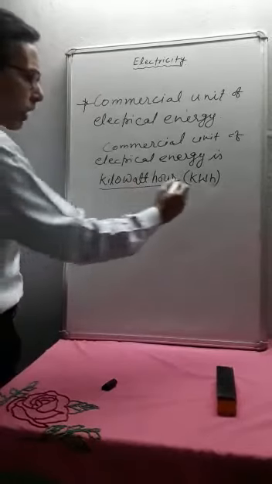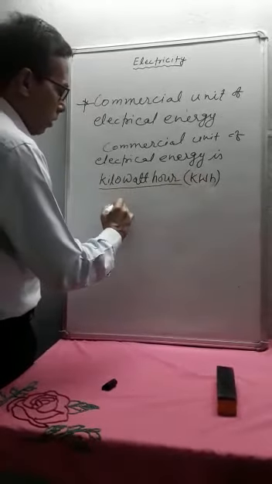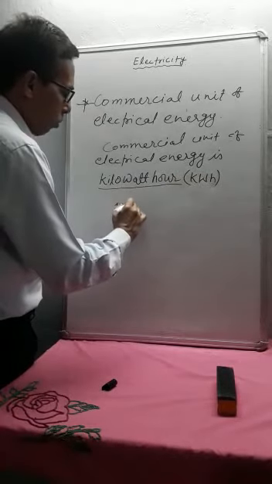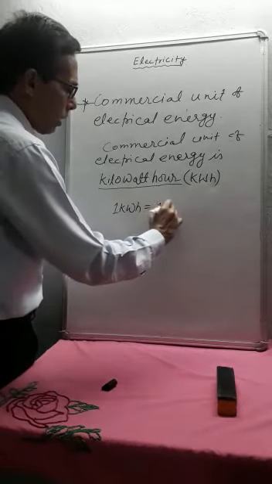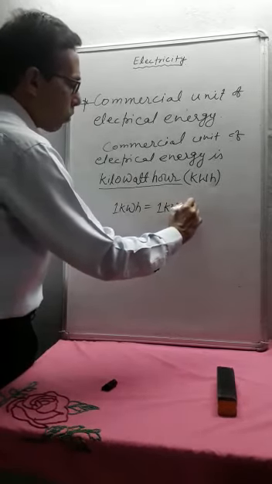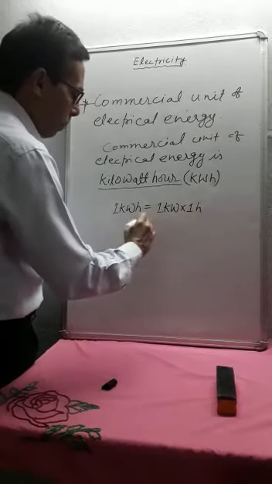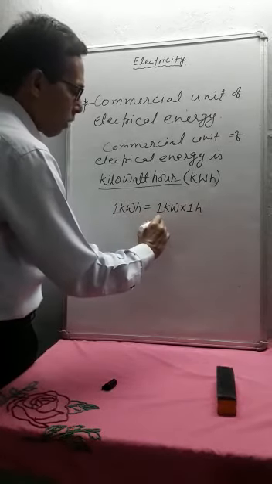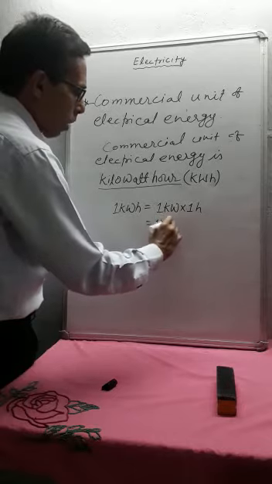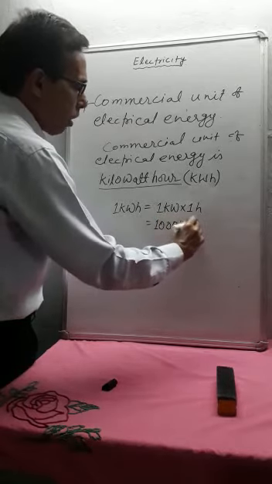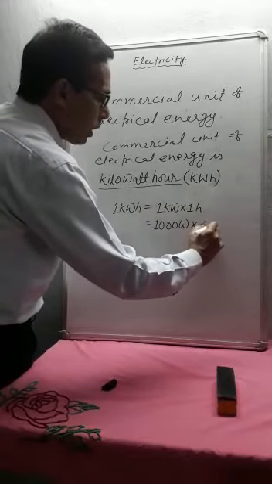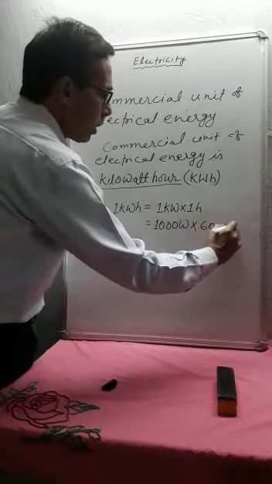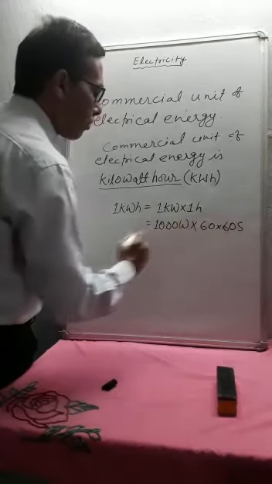Now, how many joules in 1 kilowatt hour? So, 1 kilowatt hour is equal to 1 kilowatt into 1 hour. Now, 1 kilowatt is equal to 1000 watt into how many seconds in 1 hour? 60 into 60 seconds.